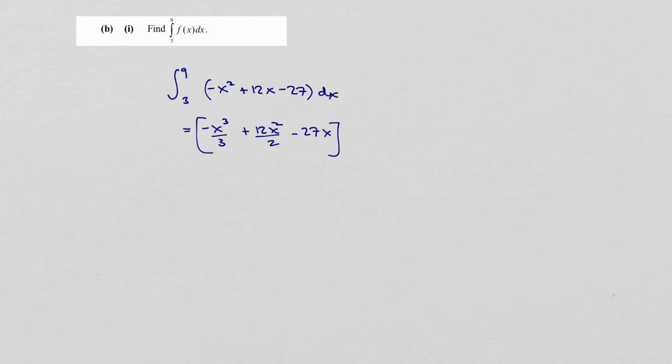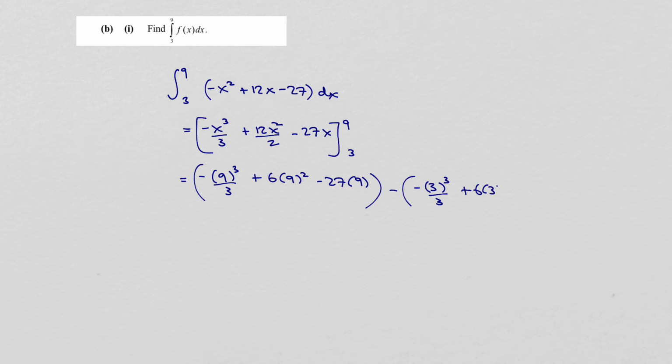So subbing in my limits for 9 and 3, that's going to be minus 9 cubed over 3, plus 12 divided by 2, which I'll simplify to 6x squared, so that's 6 times 9 squared, minus 27 times 9. And then I need to subtract from my lower limit, so that's minus 3 cubed over 3, 6 times 3 squared, minus 27 times 3.